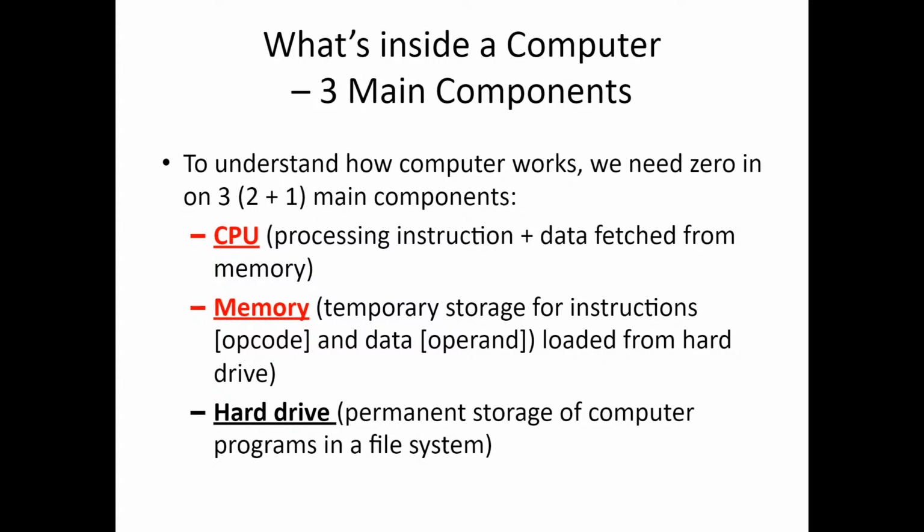As we learned, there's the opcode and the operands, which are the instructions on the data, which is loaded from the hard drive. The hard drive is the permanent storage of the computer, and it's stored in a file system. This file system is what you see when you open up File Explorer and look for the files that you stored or some information that you want to grab.